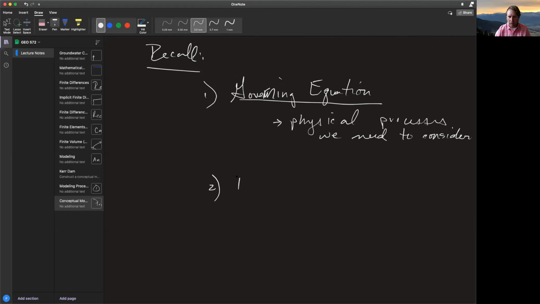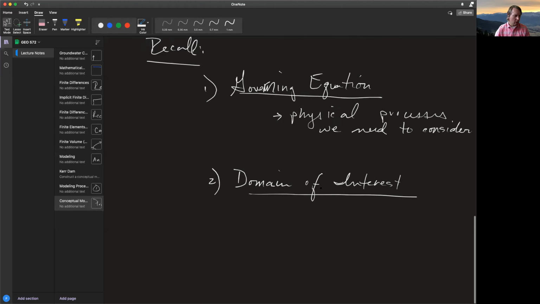Second ingredient: domain of interest. We need to define appropriate boundaries.